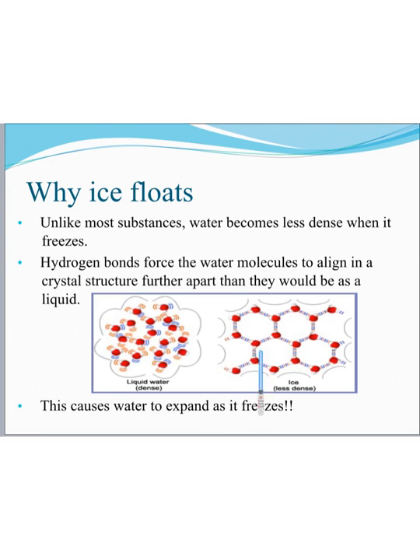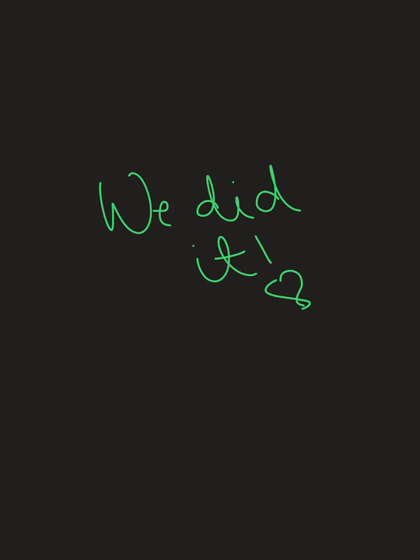And the air that ends up getting trapped between these hydrogen bonds that form is less dense than water, and so ice tends to float. And these are basically the basics. Wow, that was a lot, and we did it.